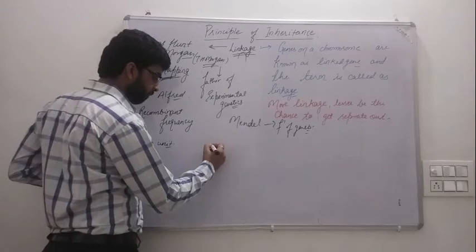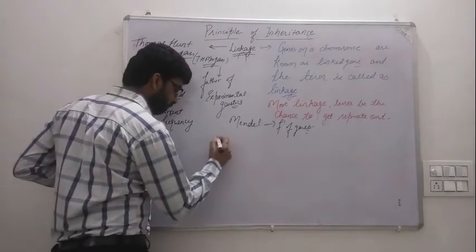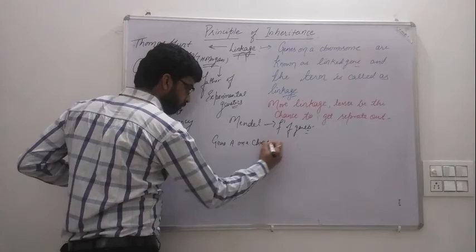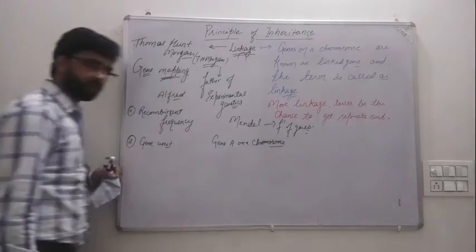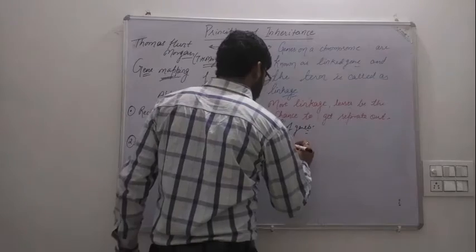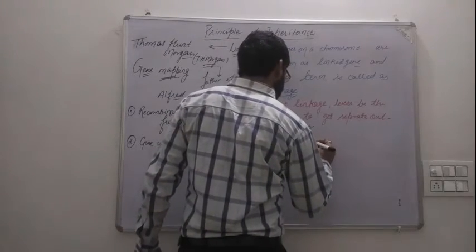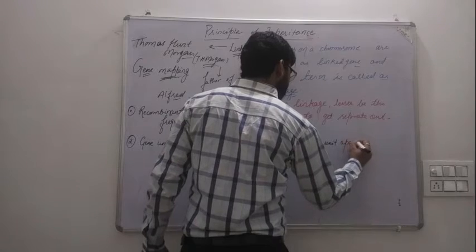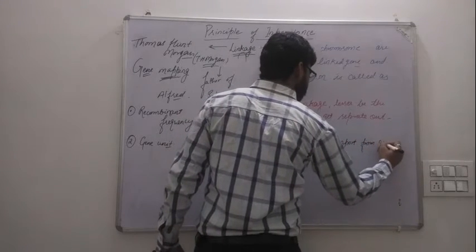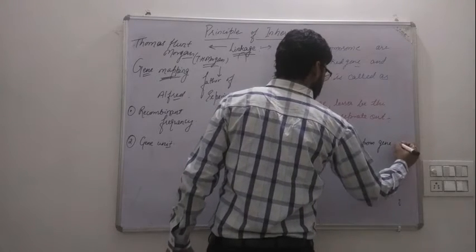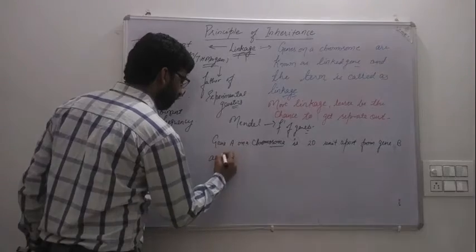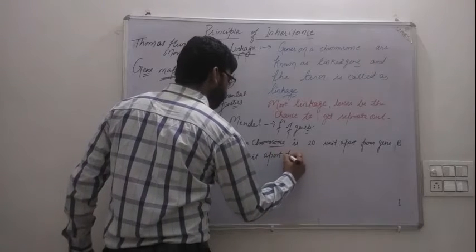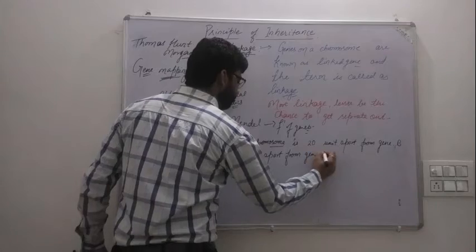For example, just remember, gene A on a chromosome is 20 units apart from gene B and 10 units apart from gene C.